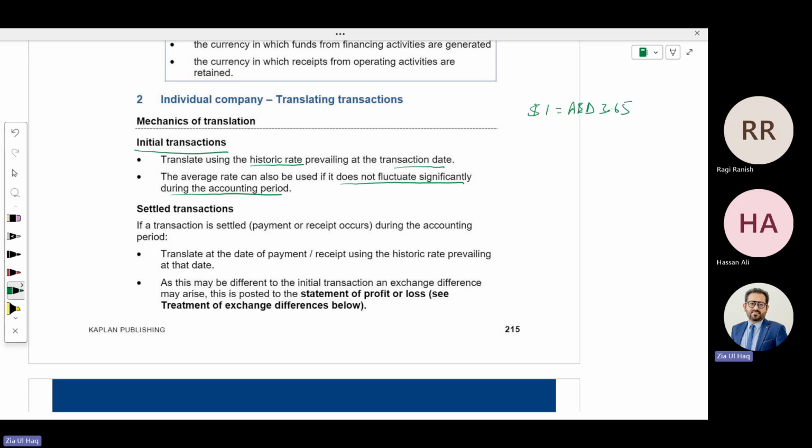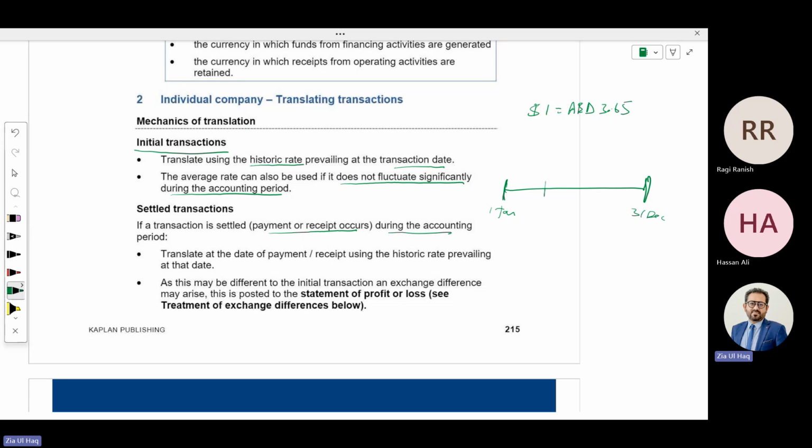Settled transaction. When we made the purchase, that was the transaction date, and when we receive or make a payment for the purchase, that is the settlement date. If a transaction is settled, with payment or receipt occurring during the accounting period, what does that mean? This is our year end, suppose the year started on 1st January and ended on 31st December.